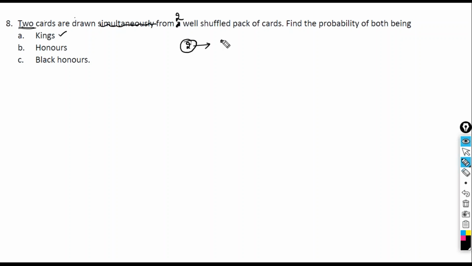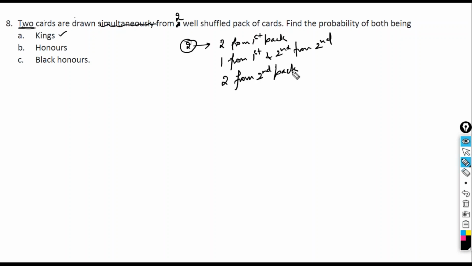So if you take out 2 cards from first pack, if you take out one from first and second from second pack, or if you take out 2 from second pack only, they are the possibilities which we need to observe, right?